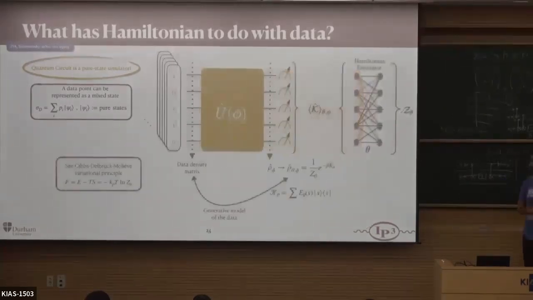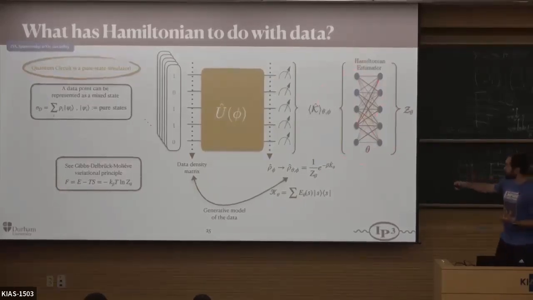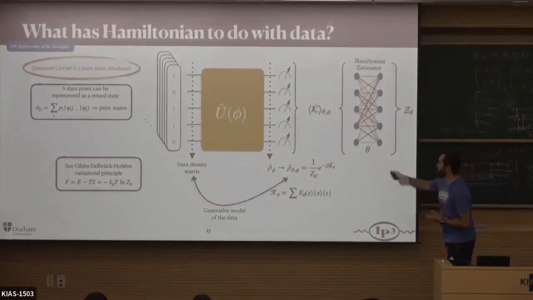So what I want is a Hamiltonian estimator, a classical Hamiltonian estimator, because this operation is very expensive. By choosing a random Hamiltonian estimator, I'm creating a thermal state of my Hamiltonian with respect to a temperature.